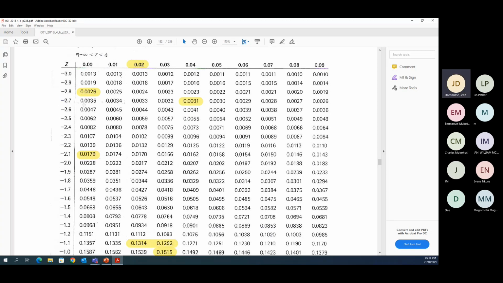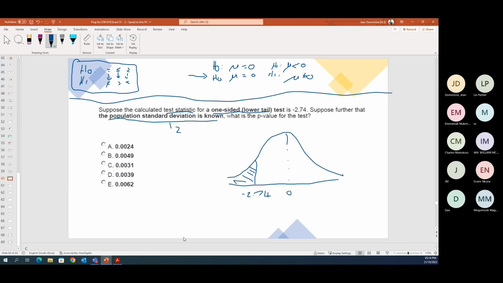You can see I have used it before: 0,0031. And there we have the answer, which is correct.